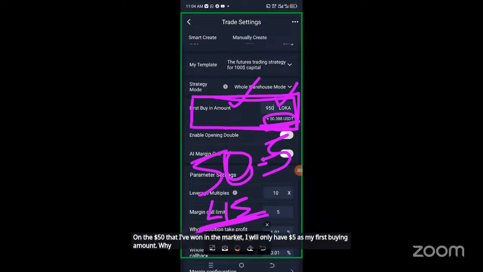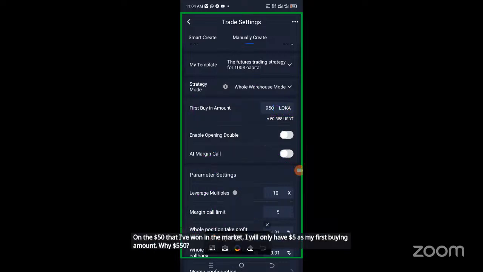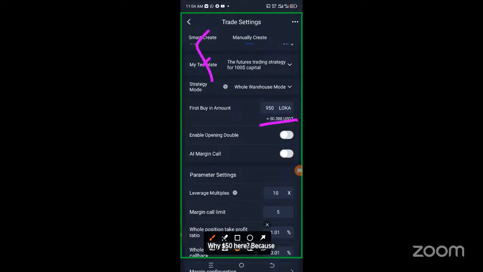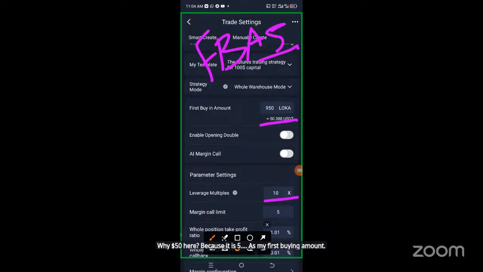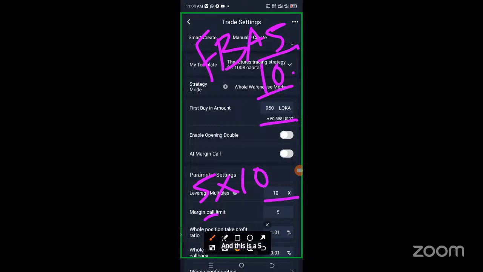Why $50 here? Because it is $5 as my first buying amount times 10, which is the average. 5 times 10, you get 50.